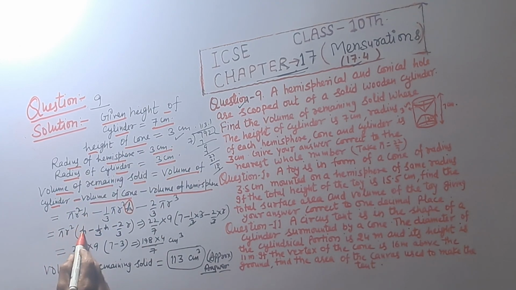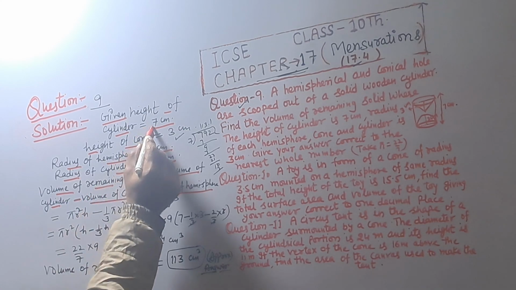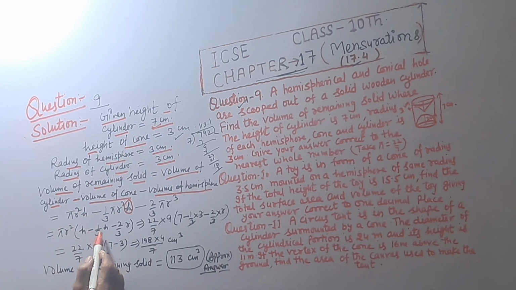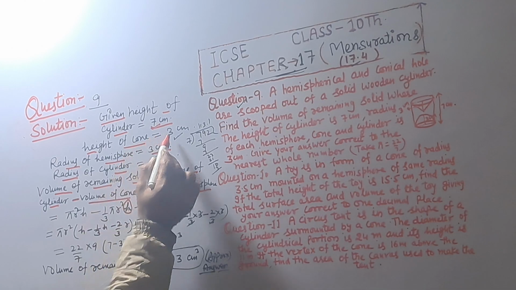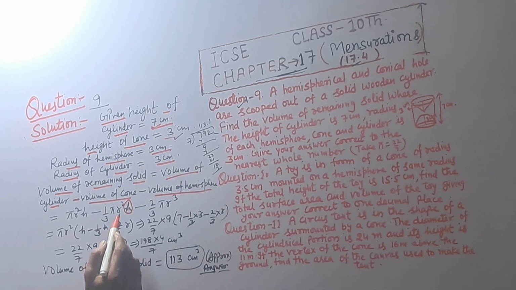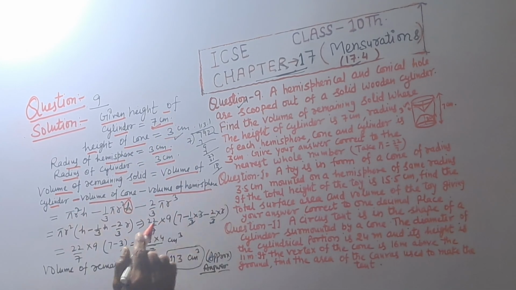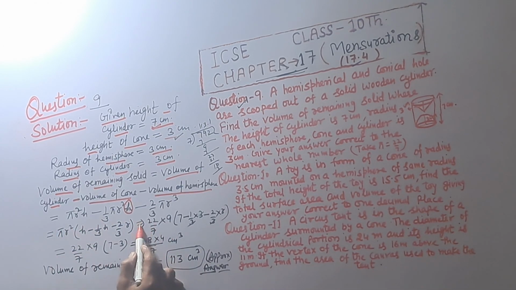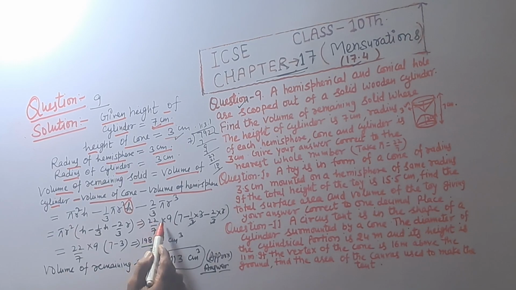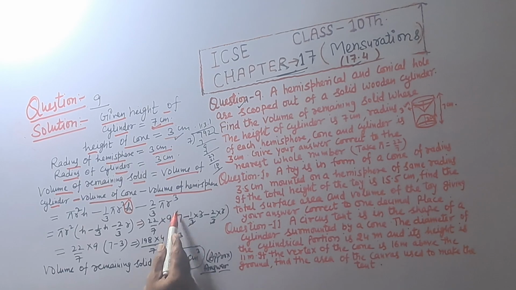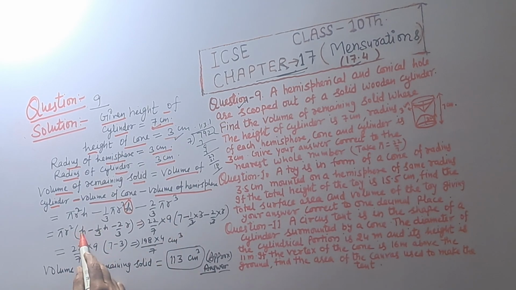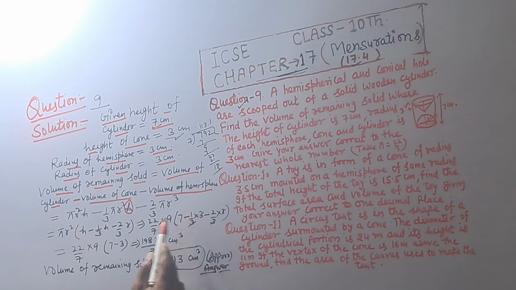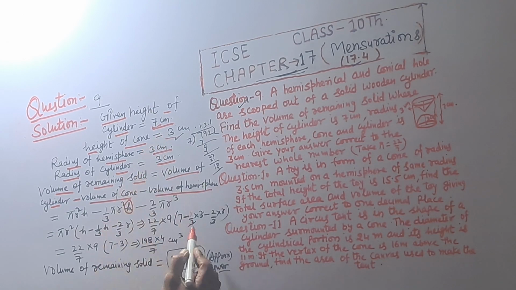In bracket h, that is height of cylinder, minus 1 upon 3 h, that is height of cone 3 centimeter, minus 2 upon 3 r, radius is 3. So pi is 22 upon 7 into radius is 3, and 3 square, 3 3s are 9. Bracket height of cylinder, that is equal to 7 minus 1 upon 3 into height of cone 3. The 3 3s cancel.